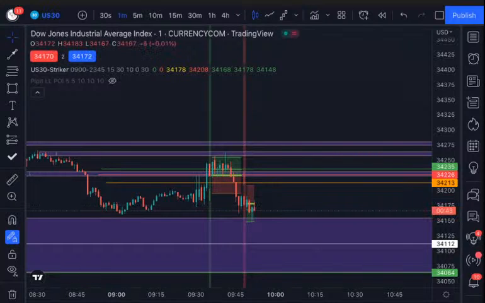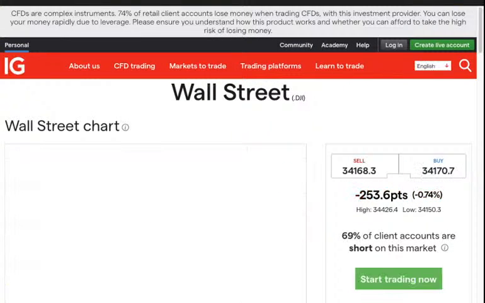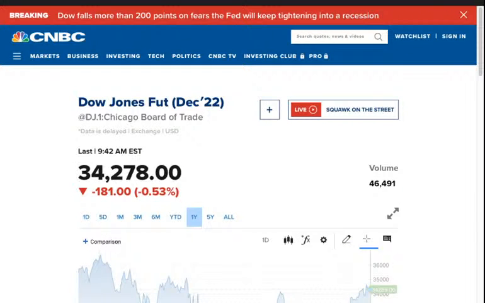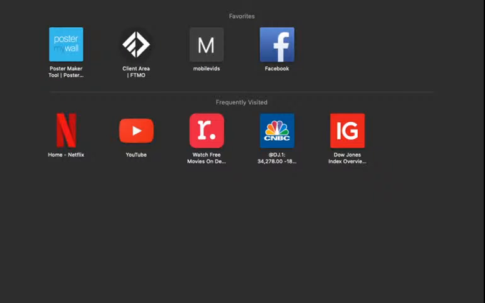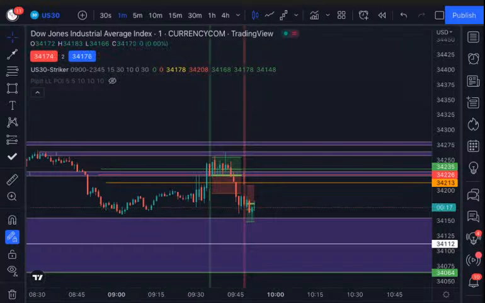Let me see, what's the sentiment looking like? 69% short. Market is 181 points in the red. So technically, so far, this one has to hit full TP.